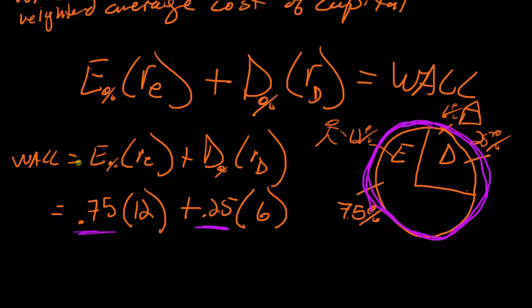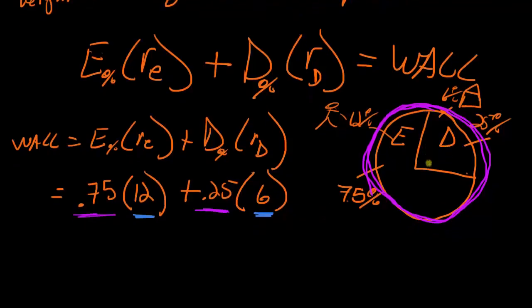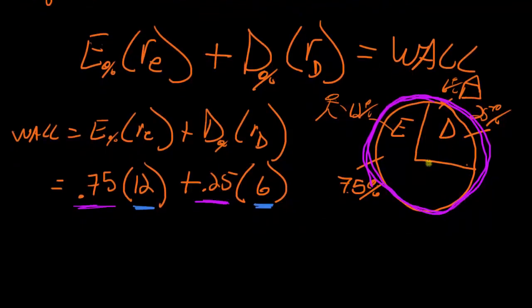On the other hand, I have a 12% return that comes from my requirement for my shareholders, and a 6% return that is my requirement for my debt holders. And so I multiply this out, and I figure out that this is the same as 75% of 12 is going to be 9, plus 25% of 6 is going to be 1.5.